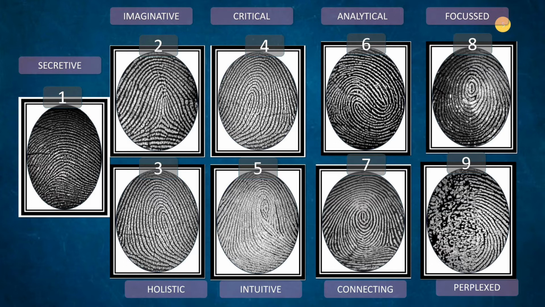If we look at the basic nine fingerprints, number 1, the secretive brain, has no ridge count, so automatically this person is going to be very slow, but slow and consistent until this person understands what to do.